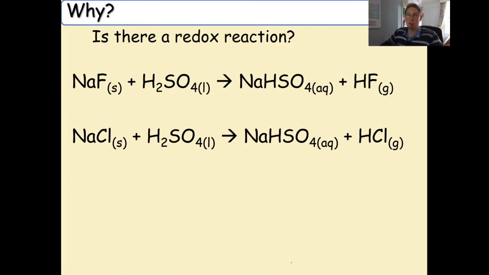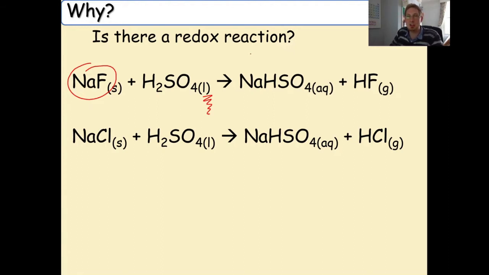For all hydrogen halides, the halide salt reacts with concentrated sulfuric acid. This is the only time you're allowed to use liquid for an acid: H2SO4 liquid, that does mean extremely concentrated. And this forms the sodium hydrogen sulfate, okay?